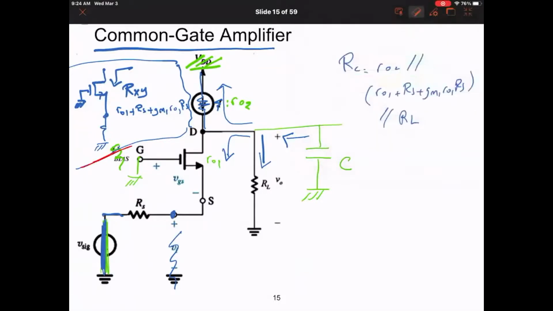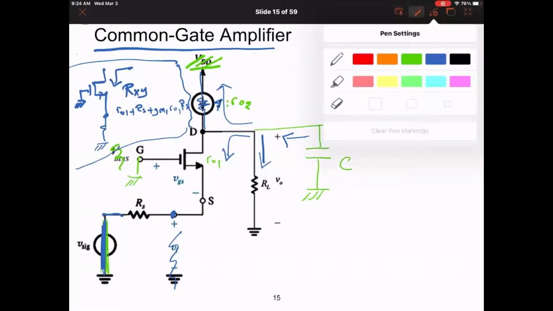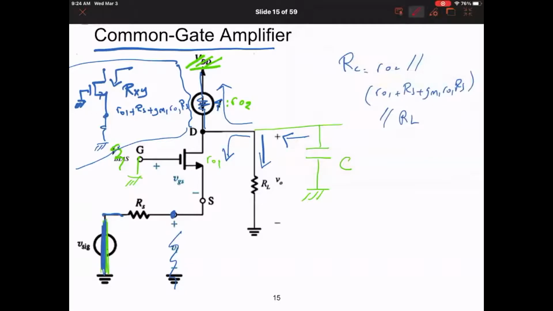R out is the resistance seen looking into the amplifier. If I have a common gate amplifier with some signal, and I'm looking into it using RO, we agreed that I'm going to short everything up to node Vn.